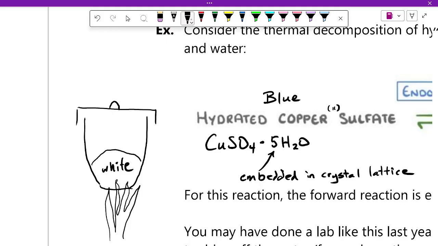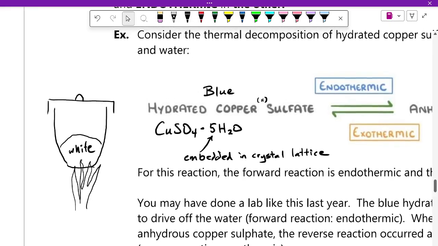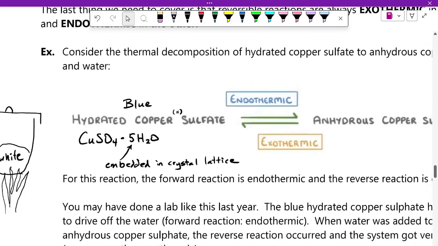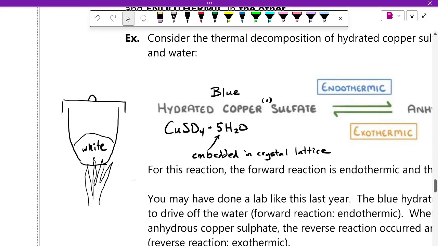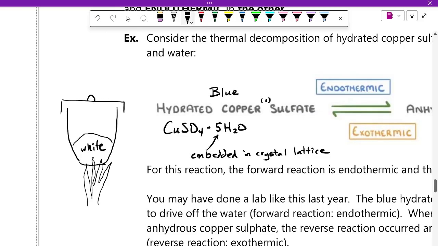It has to do with D subshells and things like that. No, I don't know. Okay? So, we heat it, it becomes white. That process, because we had to heat it, what kind of process is that? That is endothermic.